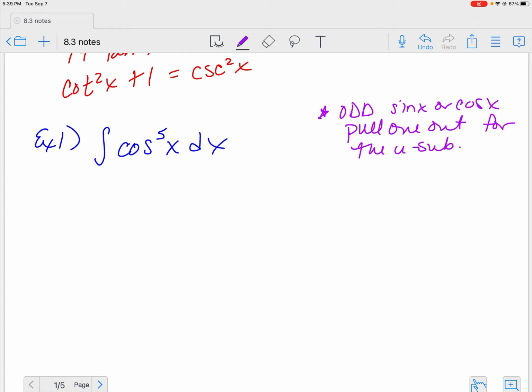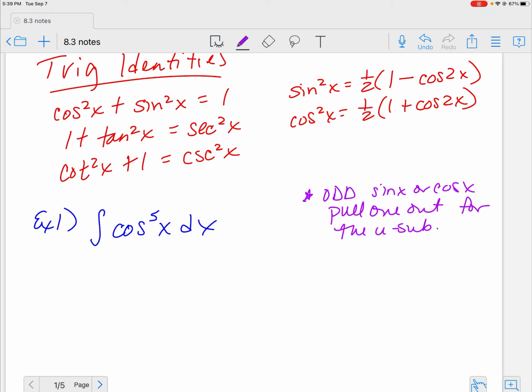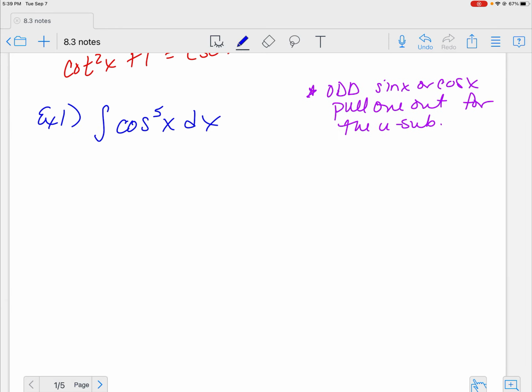We're going to do a lot of u sub. That's why we need to know the Pythagorean identities, and that's why we need to work with this, because we're going to do a lot of u sub here. So for this one, I have cosine to the 4th x, and then I have cosine x dx.